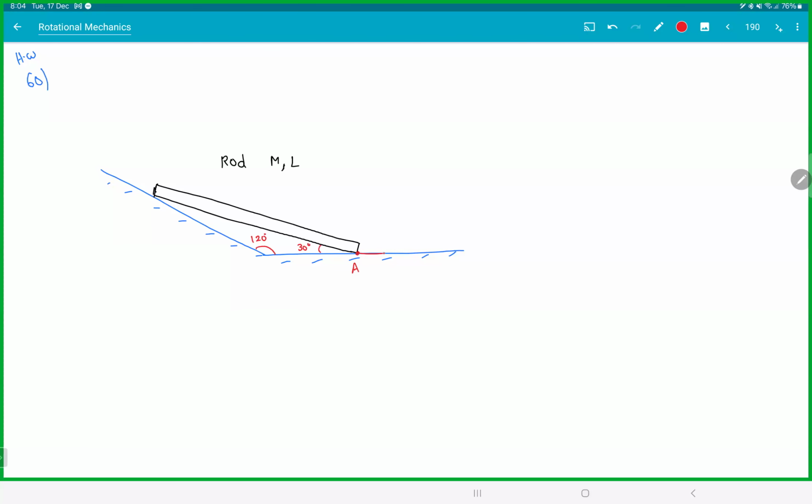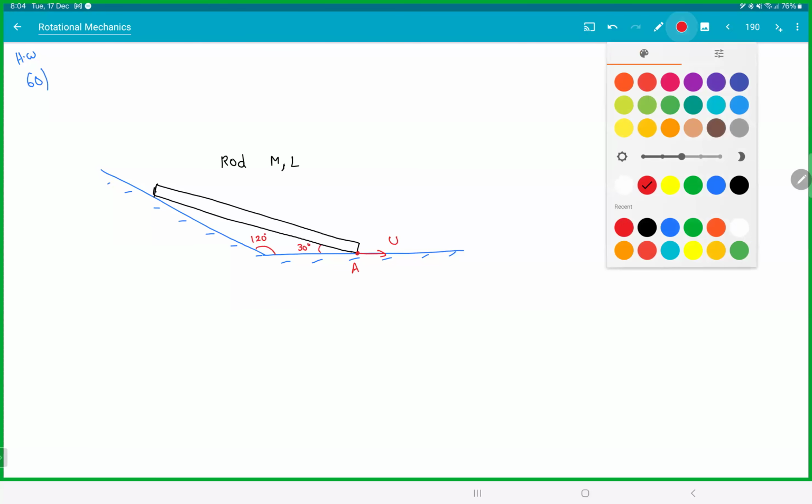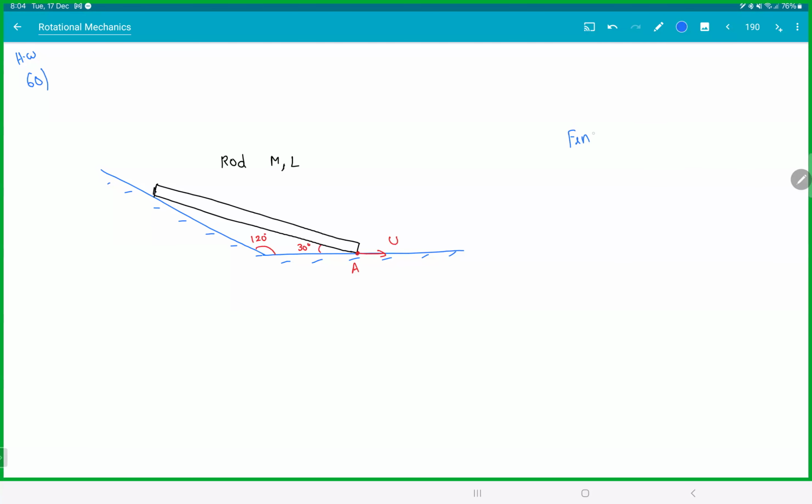This is point A, which is going with speed u. Find the kinetic energy of the rod at this instant. If you want to do it without IR, try and see. But with IR, you'll get the answer. So you have to find the IR of this rod and omega and then do half I omega squared. So try this question. On Thursday, when we catch up, first thing in the class, we will do this.